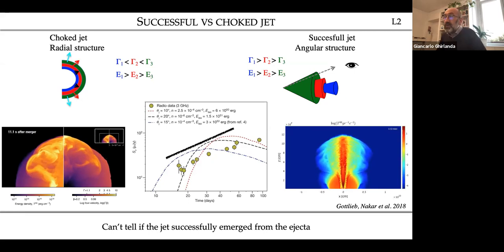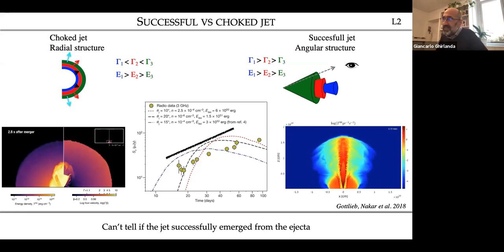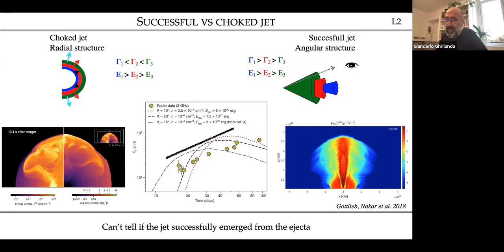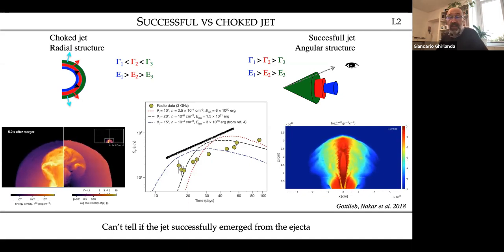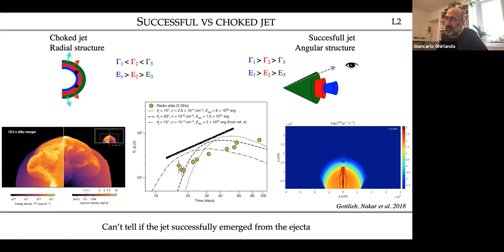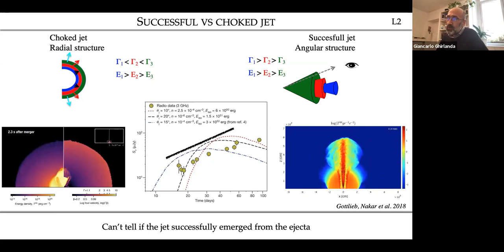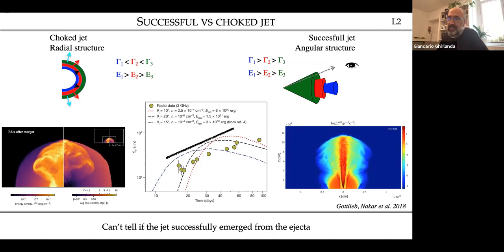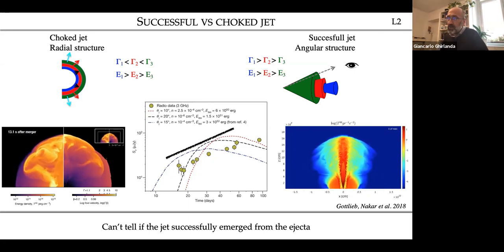Okay, well, this scheme or picture I'm presenting is an oversimplified one. In reality, it is very likely that the evolution of the structured jet is not completely independent from angle to angle.